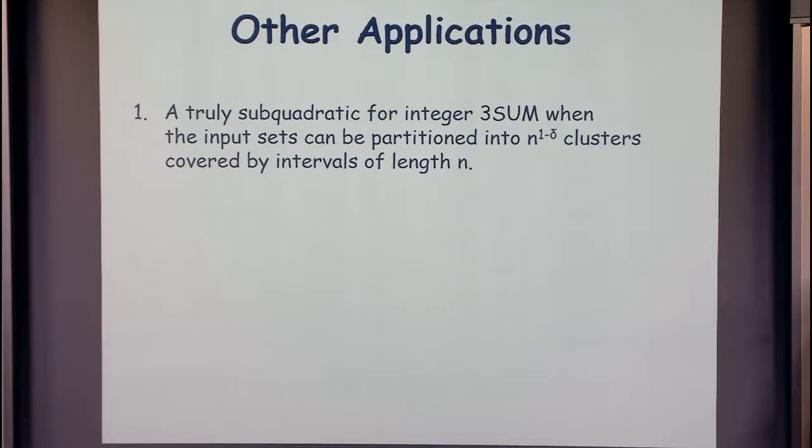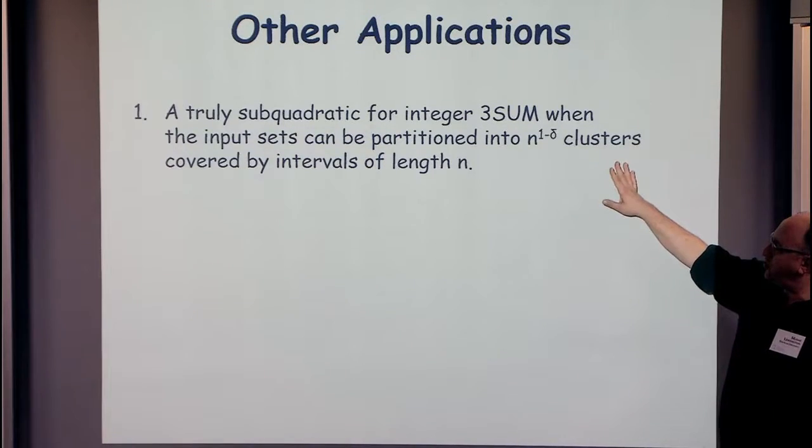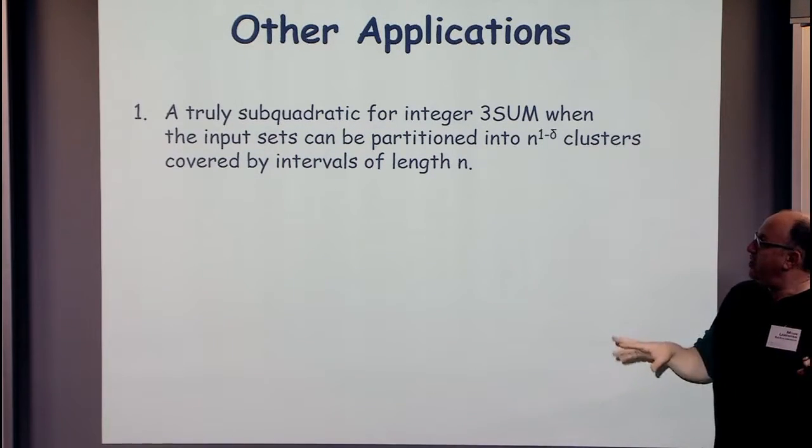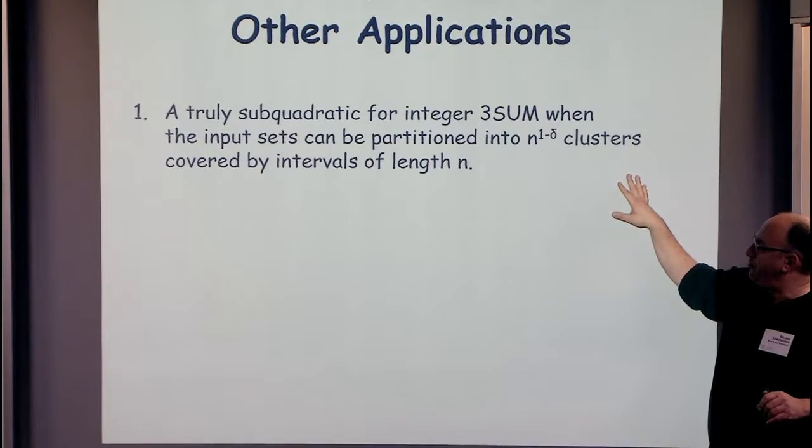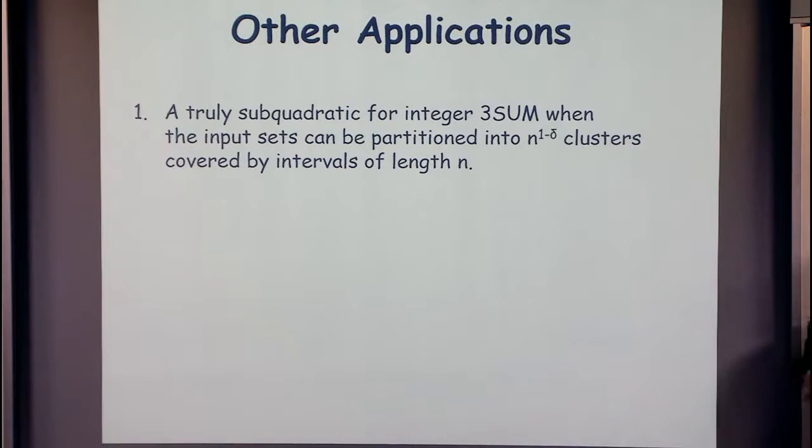So let me just mention some other applications which fit into this framework. This has been shown in several variants, but it follows directly from here. If you take integer 3SUM, and you can partition the sets into n to the 1 minus delta clusters, where each one is covered by intervals of length n, you can actually get a better result as well.